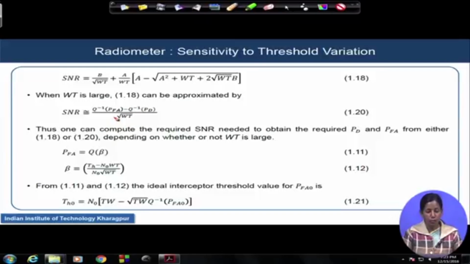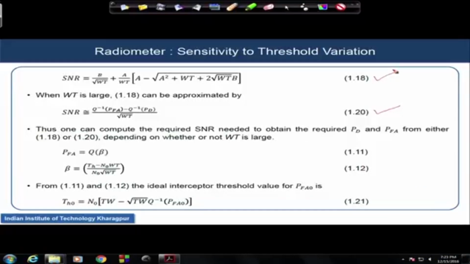So one can compute the required SNR knowing whether WT is large or not that large. If WT is large, equation 1.20 applies, and if it is not, equation 1.18 applies, but you need knowledge of the detection probability and false alarm probability.